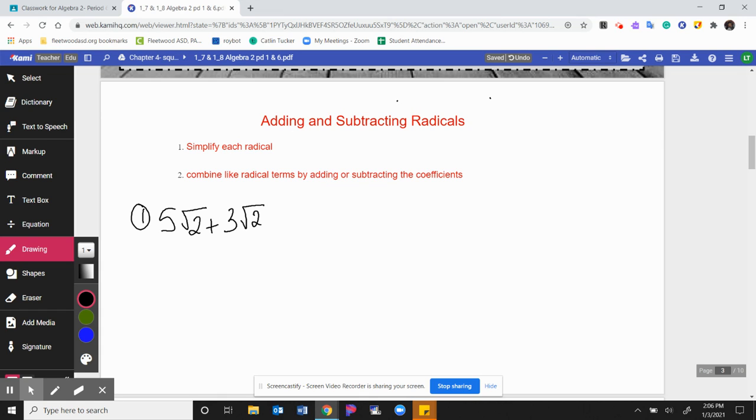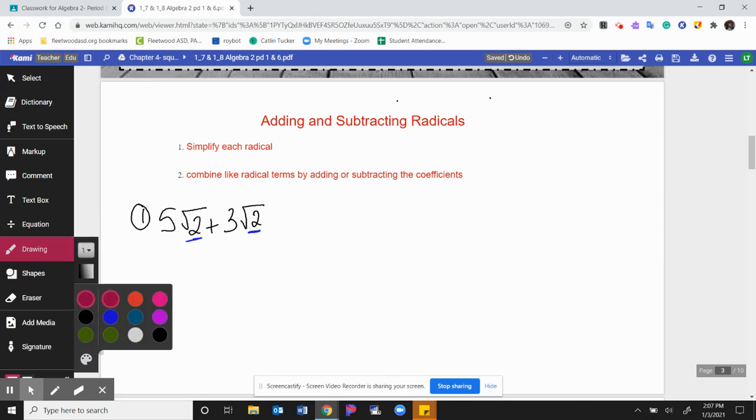So now I can move on to step number 2. Combine like radical terms by adding or subtracting the coefficients. So let's start with this beginning part here. Like radical terms. What that means is that we need to look underneath the square root sign. Since both of them are the same number, that means that they are like radical terms. And then we need to add or subtract the coefficients.